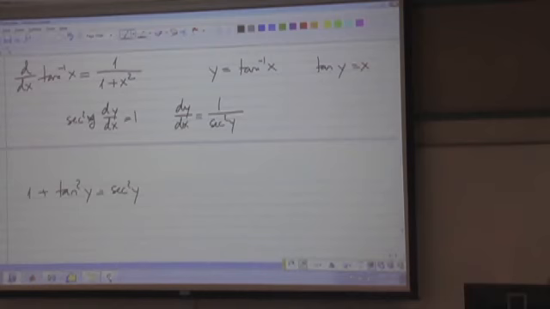And so if we come up here, this is just going to be 1 over 1 plus tangent squared of y, but that is 1 over 1 plus x squared. Notice there's no more square roots. What is the domain of tangent inverse of x, by the way?